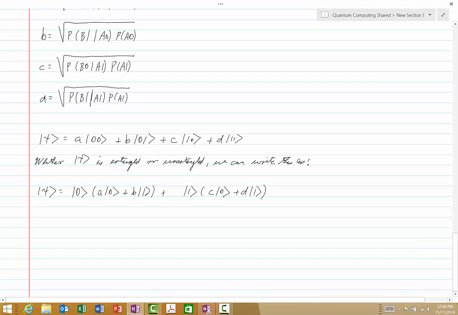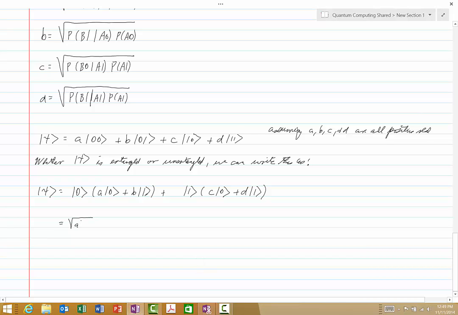We've made this kind of manipulation before, and then what we do is for each parenthetical term we normalize it, and so we get square root, and again continue to work with the assumption that A, B, C, and D are all positive real, just to keep this a little simpler.